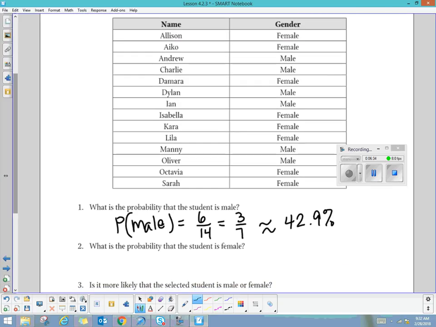Part 2 is asking for the probability of female students. And looks like we have 8 female students out of the total of 14 students. Why not reduce it?